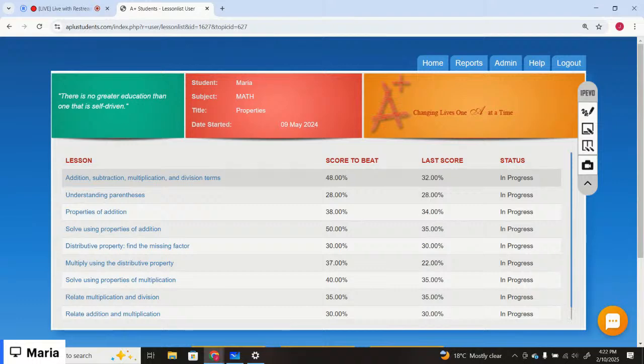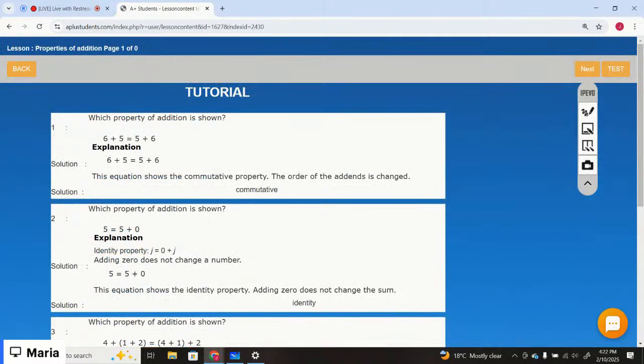The next lesson is properties of addition. Let's just start with the lesson.